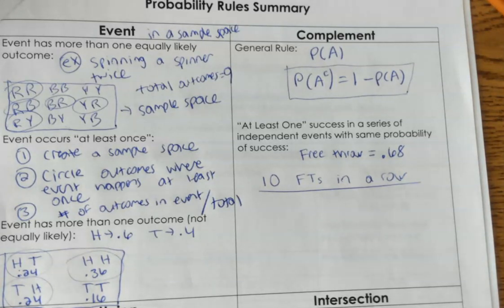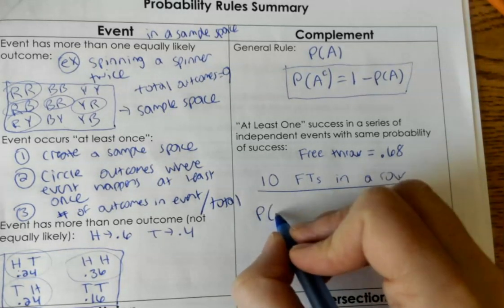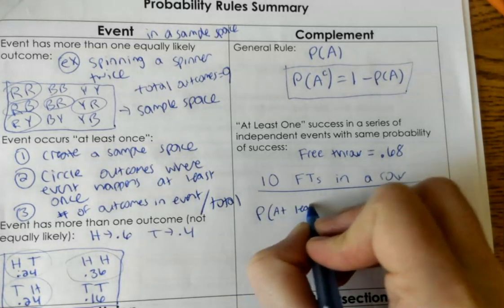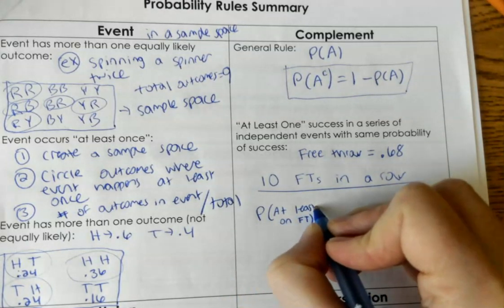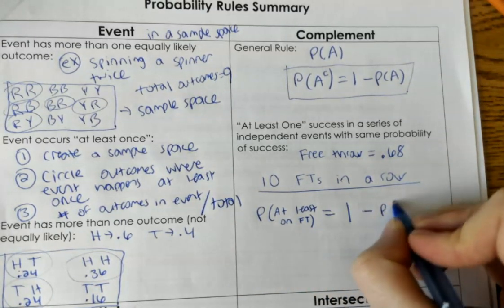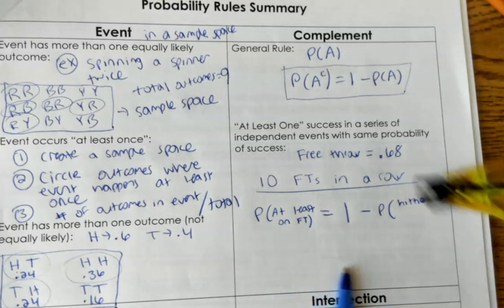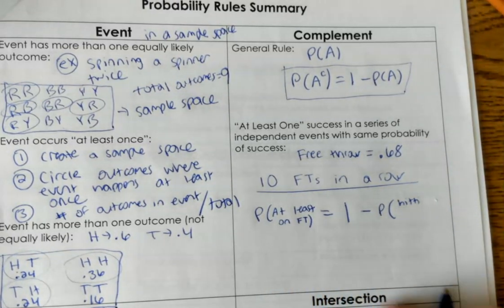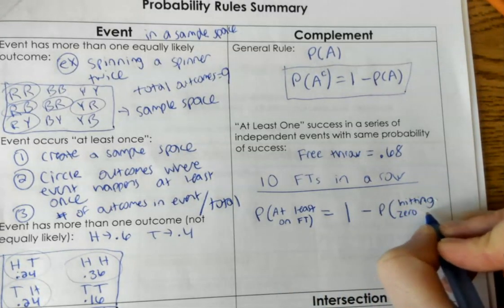So I can set this up as a big complement rule by saying the probability of hitting at least 1 free throw is going to equal 1 minus the probability of hitting 0 free throws.